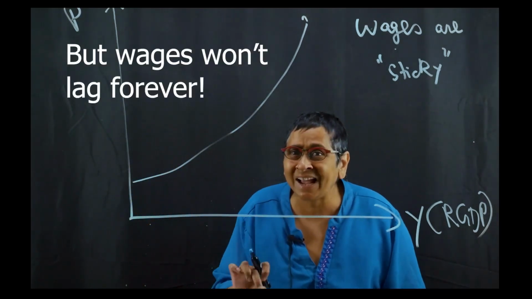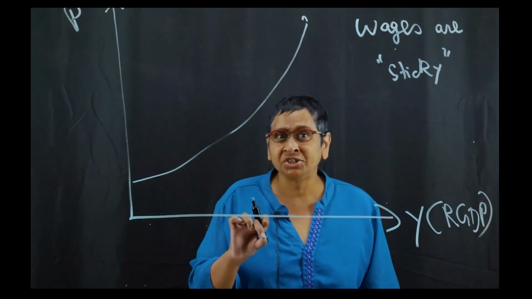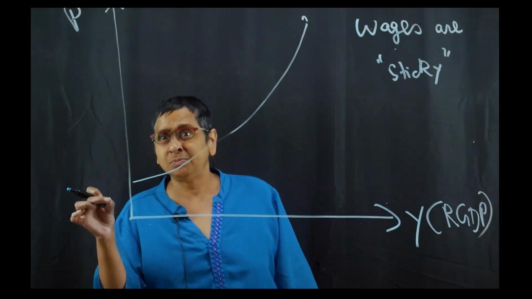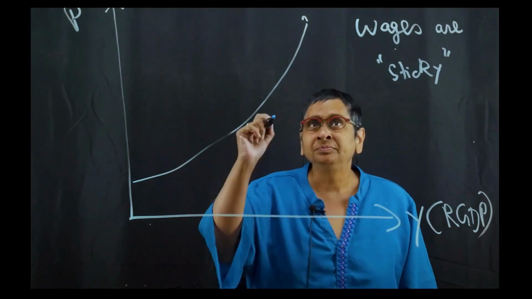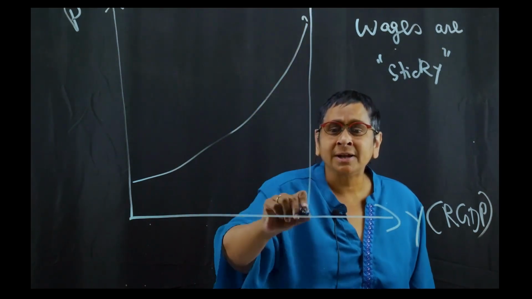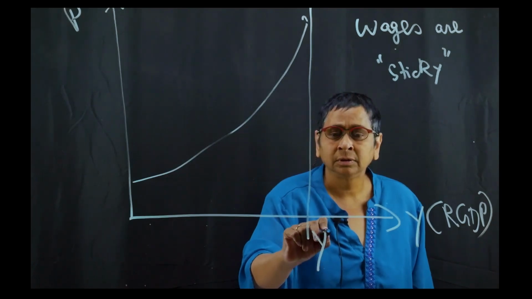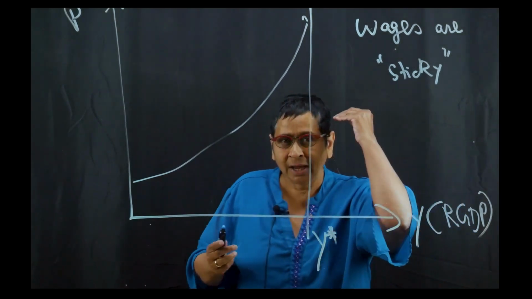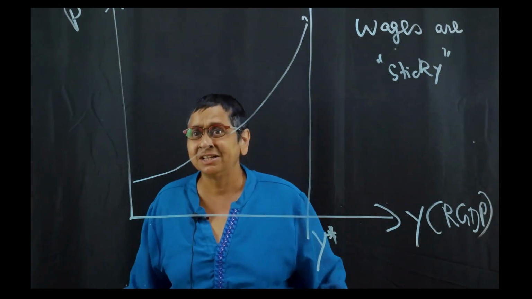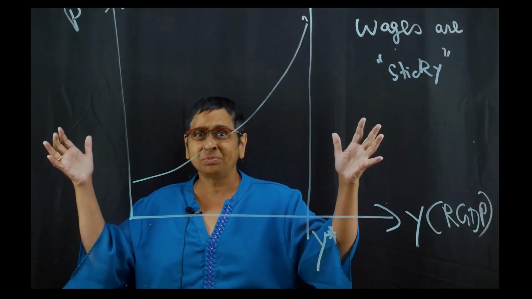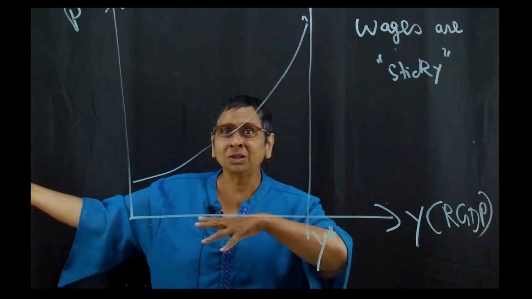But wages won't lag forever. If labor shortages start to emerge as production keeps going, we figure wages will start catching up, or at least so we hope. And you start hitting absolute limits on production capacities. Remember that PPF, the production possibility frontier, that we did all the way back?